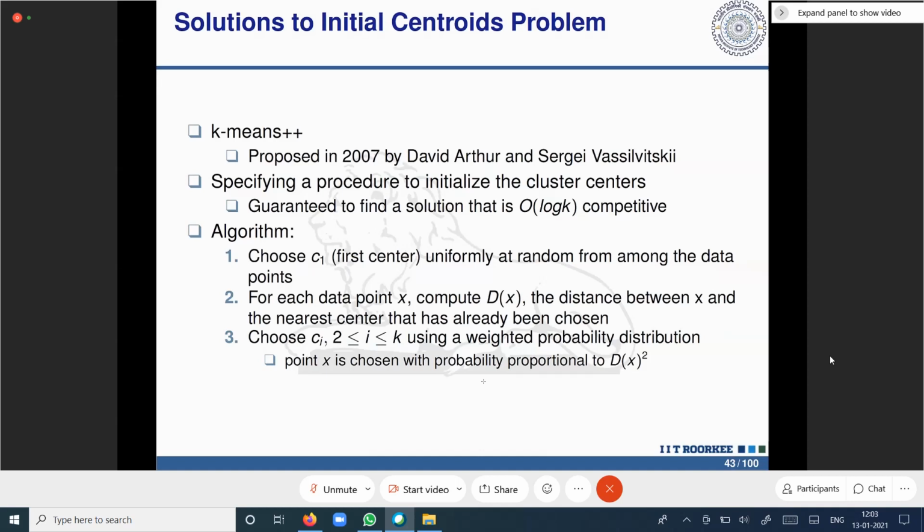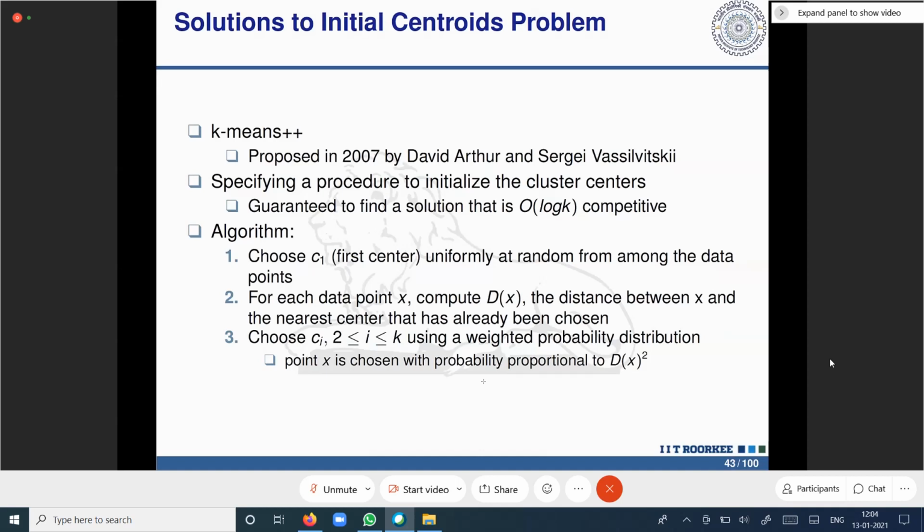So for that, an algorithm has been proposed, called k-means++, which was proposed in 2007. It specifies a procedure to initialize the cluster centers, and it is guaranteed to find a solution that is O(log k) competitive, where k is the number of clusters. In this, first we choose C1, the first center, uniformly at random among the data.